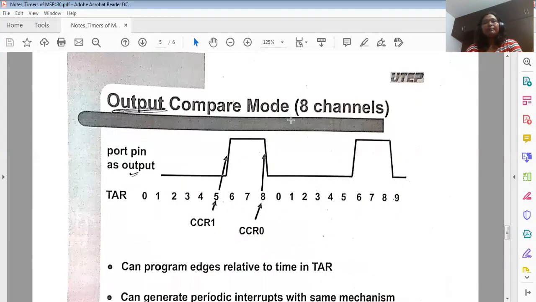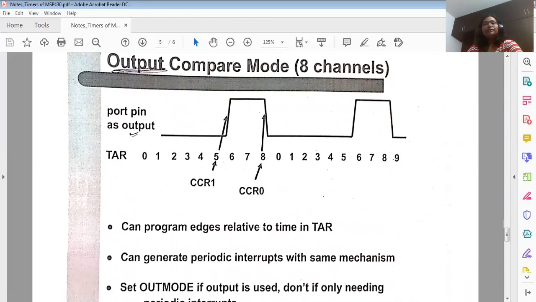Then output compare mode. Input is supposed to be captured and output is supposed to be compared. So in output compare mode, this port pin will act as the output. So the signal which you are generating will be compared with the contents of the capture compare register's value.